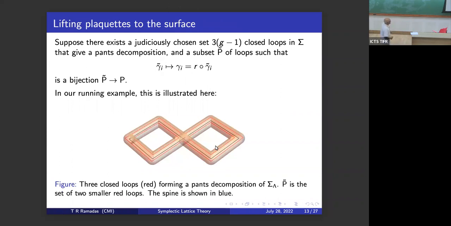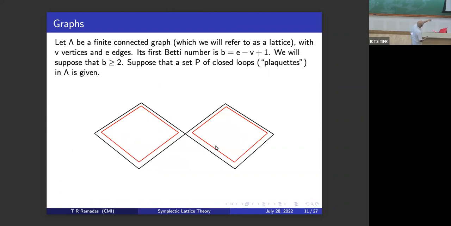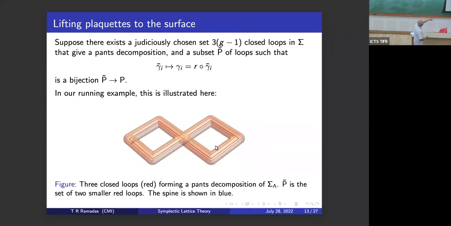So suppose there exists a set of 3g minus 3 closed loops in the boundary that give a pants decomposition, and a subset of these loops such that their retraction from the boundary to the spine gives your set of plaquettes that we saw before. Remember, these are the two plaquettes that I had in the graph, the thickened guy, and now on the boundary I've drawn 3 loops in red.